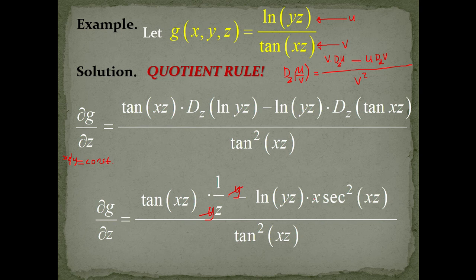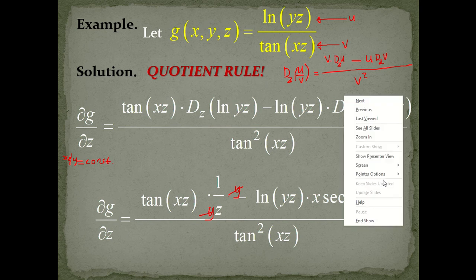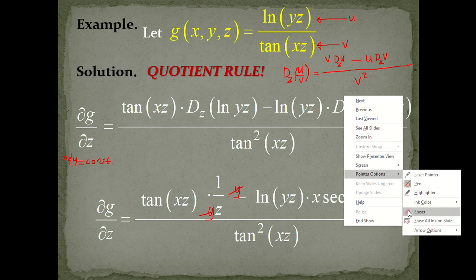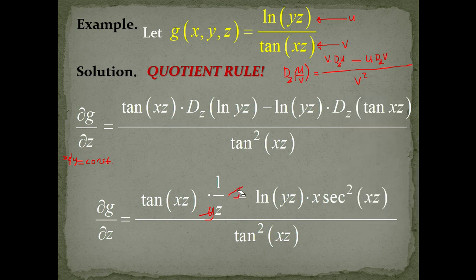So that's why we have here x. And then the denominator. Okay? So that's it. So that's why you don't need to write y here, because y at the numerator and y at the denominator, so that is just 1 when you divide. Alright? So our final answer would be something like this.